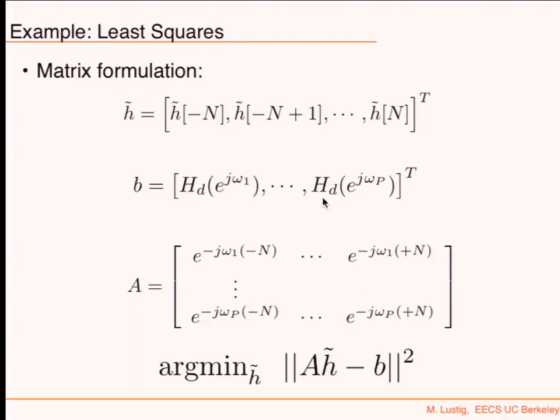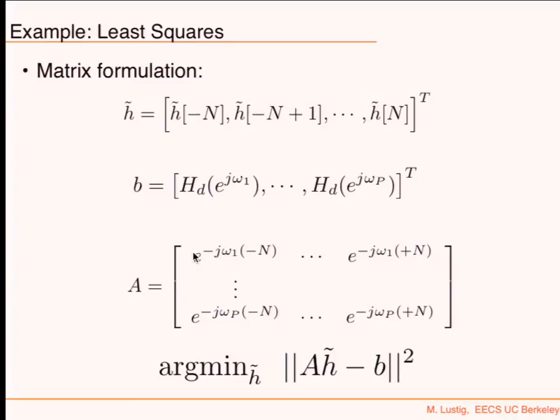We're going to have the DTFT matrix. What is this? A row here represents complex exponentials that count n from minus n all the way to plus n at frequency omega 1.